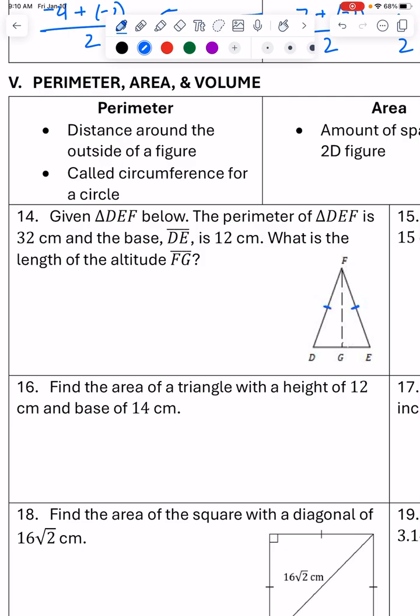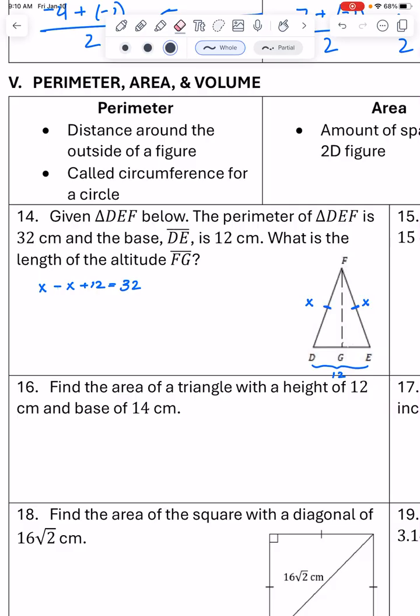And we're told this whole base down here is 12. Okay. So since these are the same, we don't know these, and they're the same, we can call them both X. So the perimeter is if we add up all the sides, right? So if we add all three sides, we should get 32, because it says the perimeter is 32.